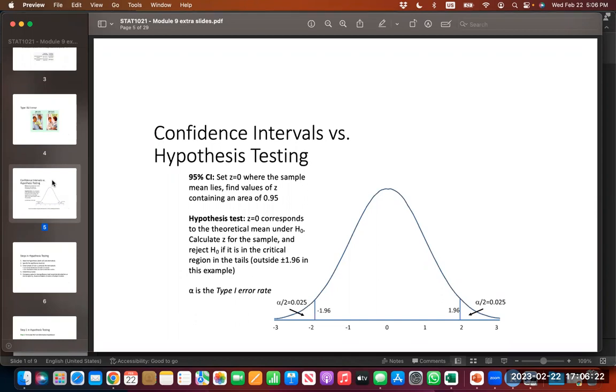We're utilizing the standard deviation from the population to estimate, based on the size of our sample, the distribution of our sample means. So thereby we're creating a hypothetical variability.